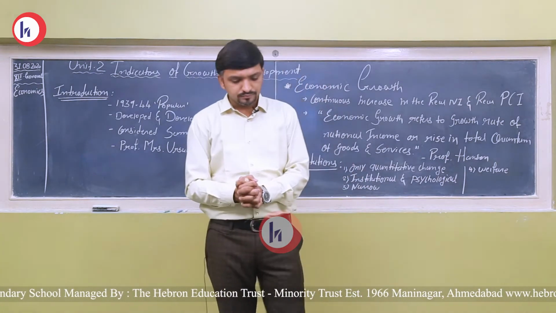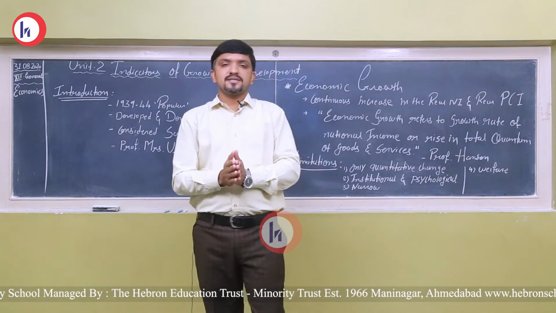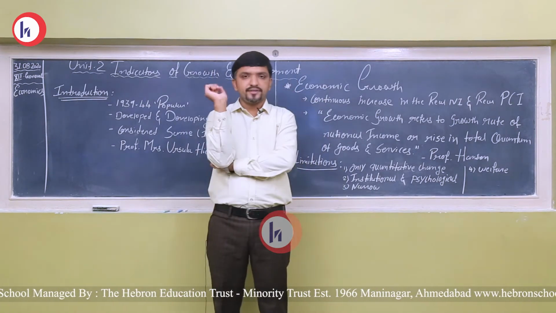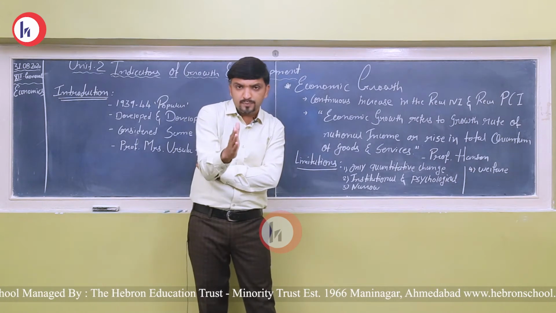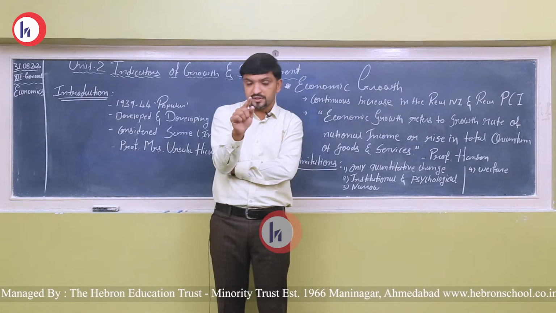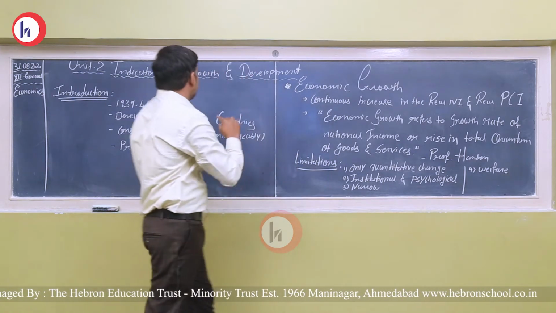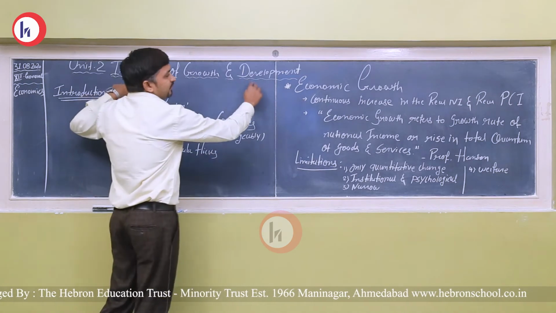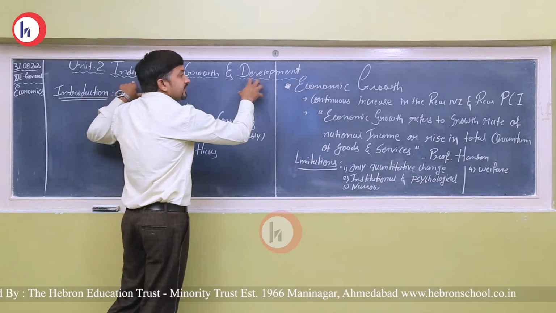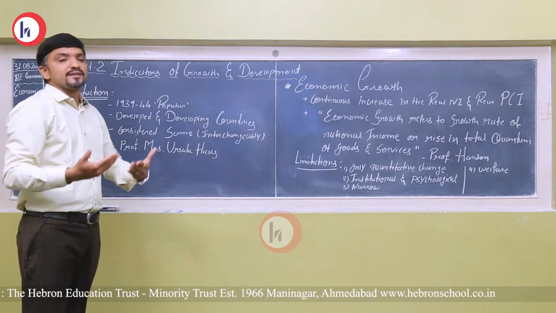For example, PCI, per capita income, is one of the indicators. If per capita income of a nation is good, or if per capita income of a nation is improving, it indicates that the country is developing. So these are the indicators.